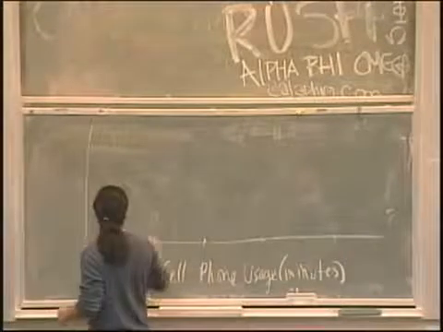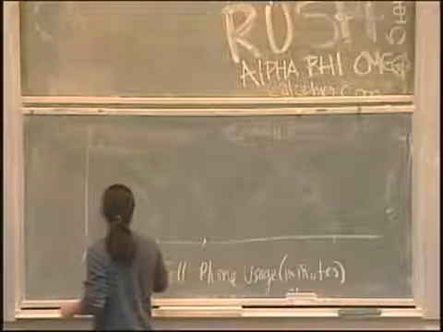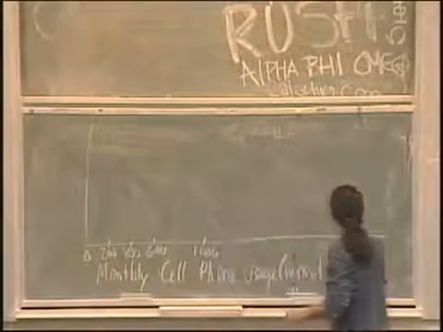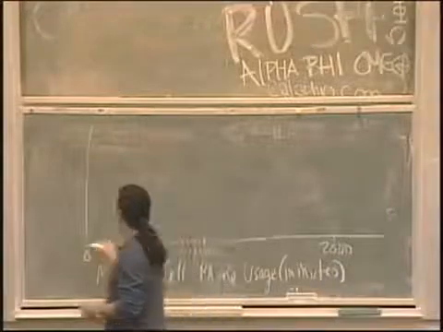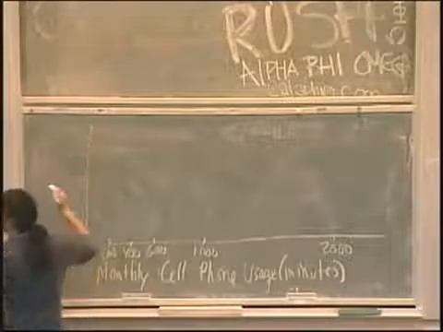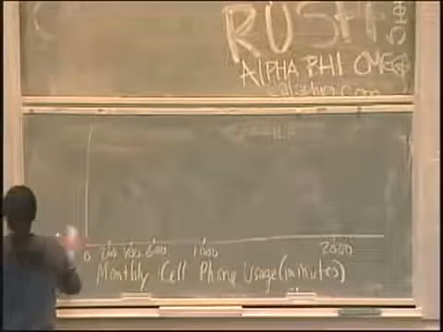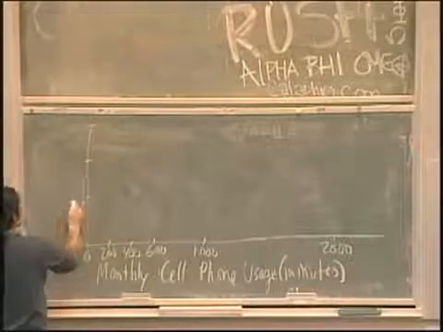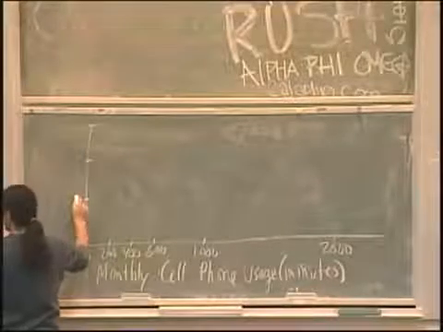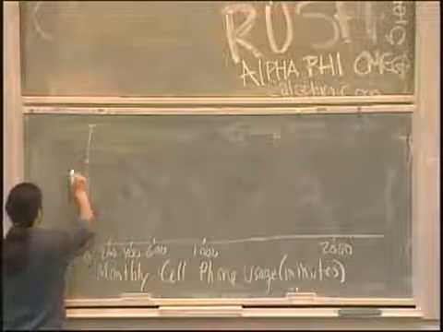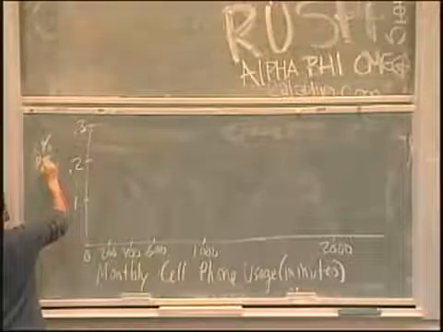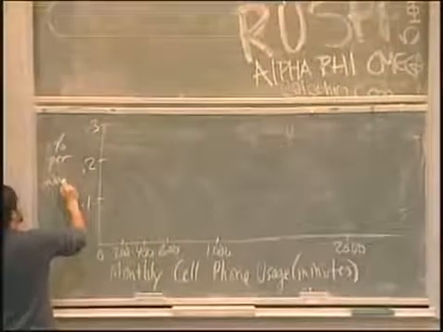So 2, 4, 6, 200, 400, 600, 1,000, and 2,000. And then the y-axis is slightly strange units: 0.1, 0.2, 0.3 percent per minute. I'll talk a little bit more about those units in a second.